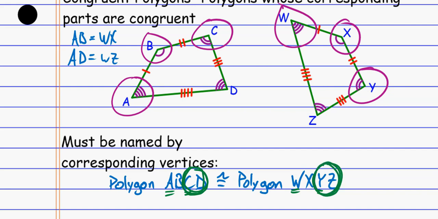Okay, so I have to look at these things in terms of the corresponding pieces. That's what tells me they're congruent. And when I label these things, I have to label them in terms of the corresponding parts, okay? The label becomes very specific in terms of telling me which pieces match up, which parts are congruent, which parts are the same, okay?